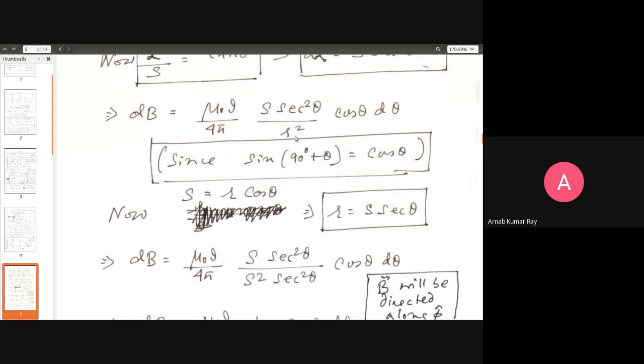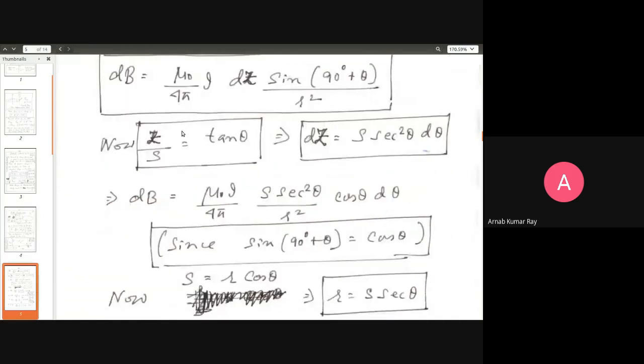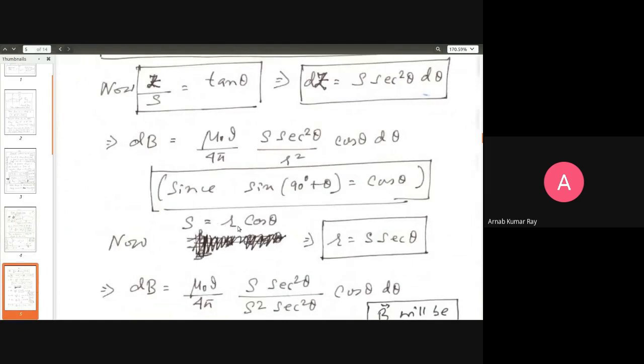Now we will eliminate r from this. So let us go back to our diagram. Base is s, hypotenuse is r. Base upon hypotenuse is cos theta. So s by r is equal to cos theta. S is equal to, therefore, r cos theta. Therefore, the variable r will be equal to s by cos theta, which is s sec theta.